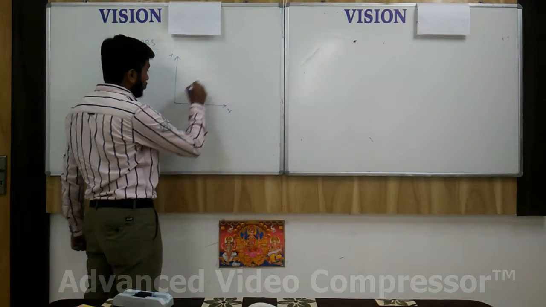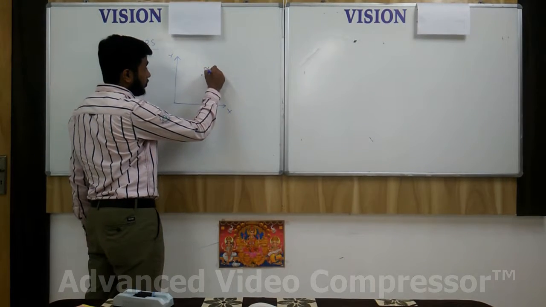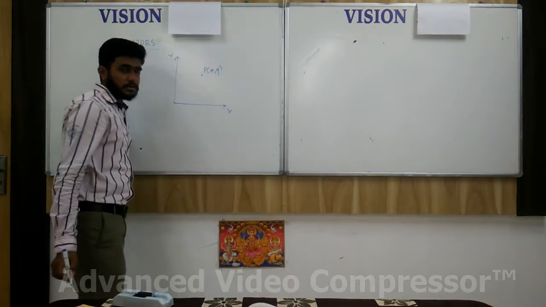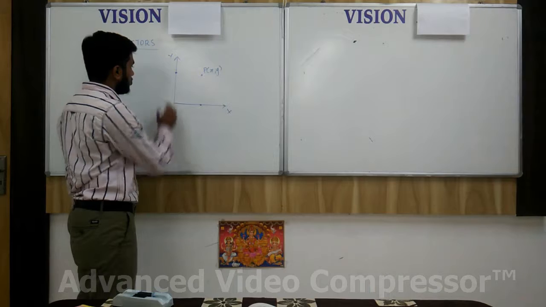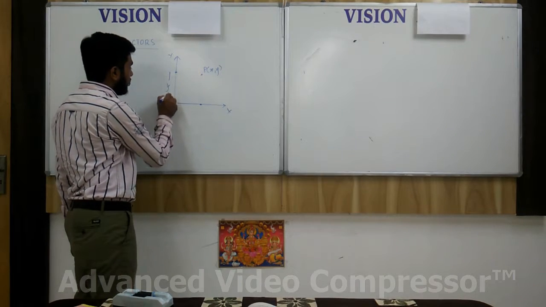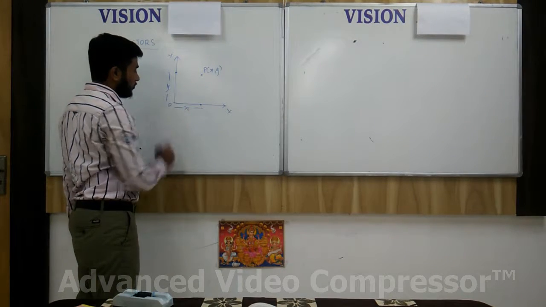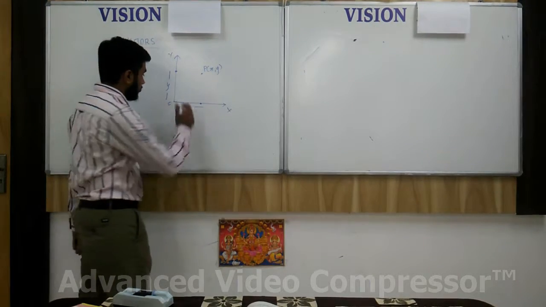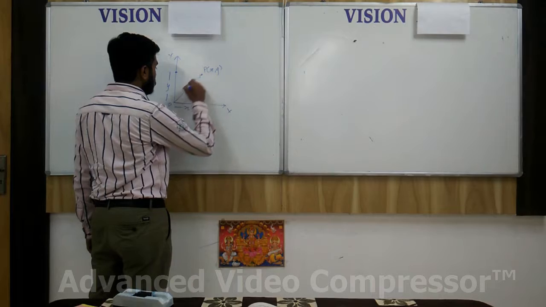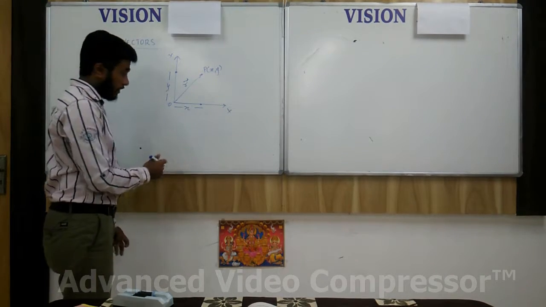Now, if we need to express a point, how will we express it in terms of x, y? The magnitude is in both the coordinates. Here it is y and here it is x. Now, if we want to express it as a vector, what would we do? Let's suppose this is the r vector.